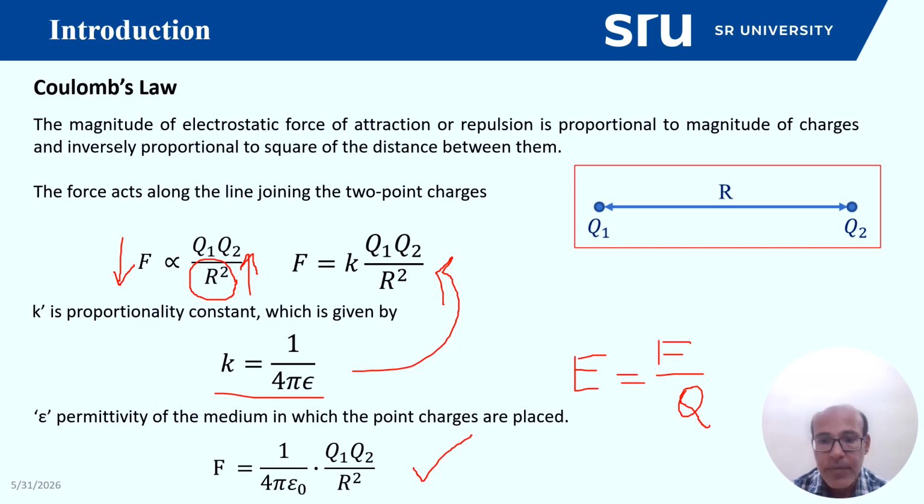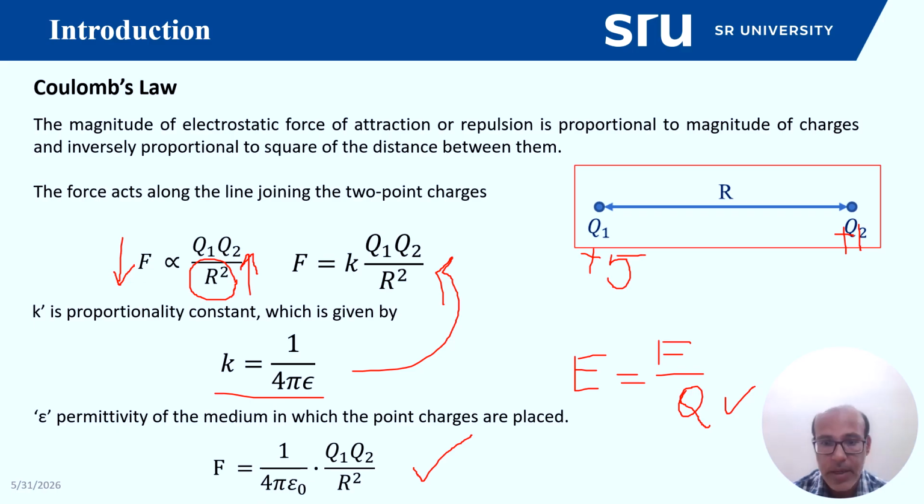We define the electric field intensity as the force experienced by a unit positive charge. It means that let us say the Q2 charge has a magnitude plus 1, meaning it is a unit positive charge. And this Q1 is, let us say, a positive charge with 5 coulombs.